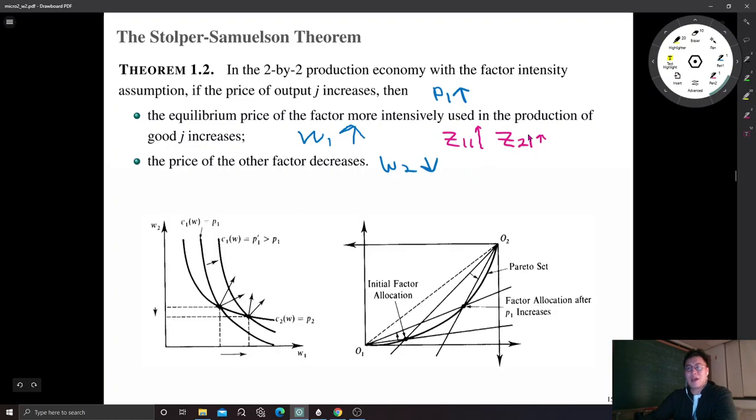Firm 2 knows that firm 1 expands its business by employing more inputs, so both inputs will be more expensive. That increases firm 2's marginal cost. The unit cost C2 will increase. So firm 2 will respond by producing less.